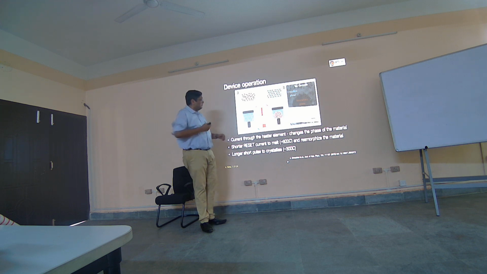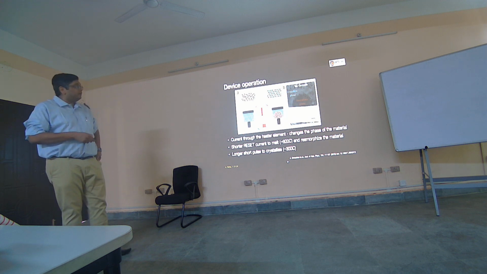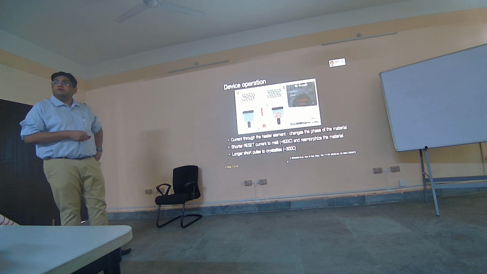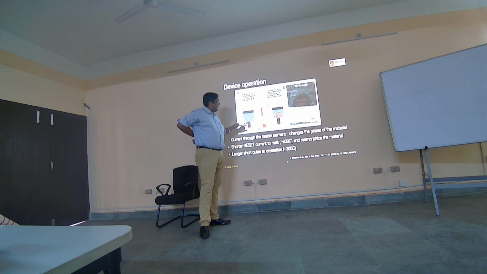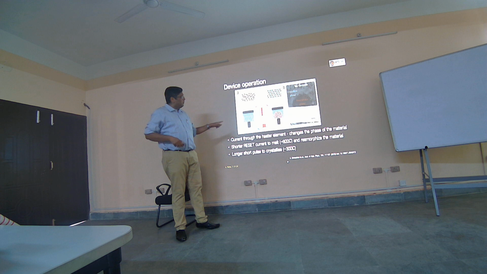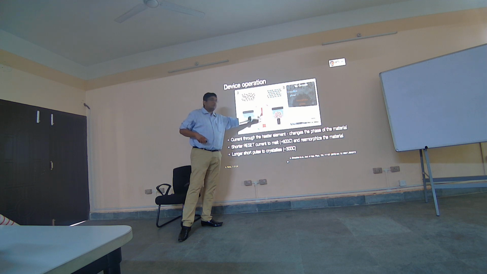So if you think about it, this heater element is going to melt. Essentially, initially say it was crystalline. When you heat the material, it's going to melt the material around the heater. And then how do we control the heating? We control the heating by applying a current. This current can either be a tall short pulse or a short long pulse.